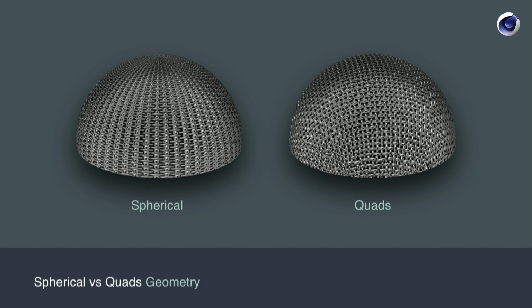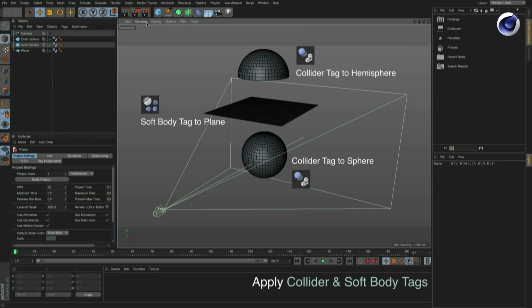So the way around that is you've got to do a little bit of simple dynamics. I mean, the whole project's got lots of dynamics, but not overcomplicated dynamics. So you've got a sphere, which is a collider. You've got a hemisphere, which is also a collider, and the plane, which has soft body dynamics.